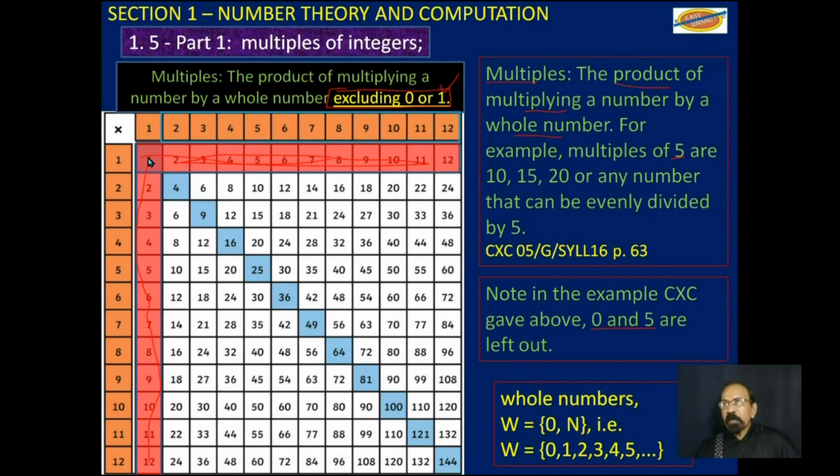Now, if we take this row on the top here and we use that to multiply the one on the left here, this one would always be positive, because remember we said we are multiplying by a whole number excluding 0 and 1. So that will be positive 2, positive 3, 4, and so on.